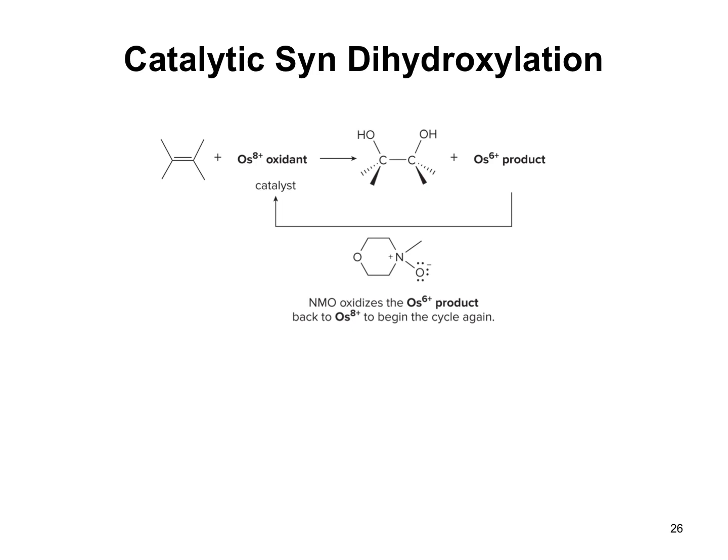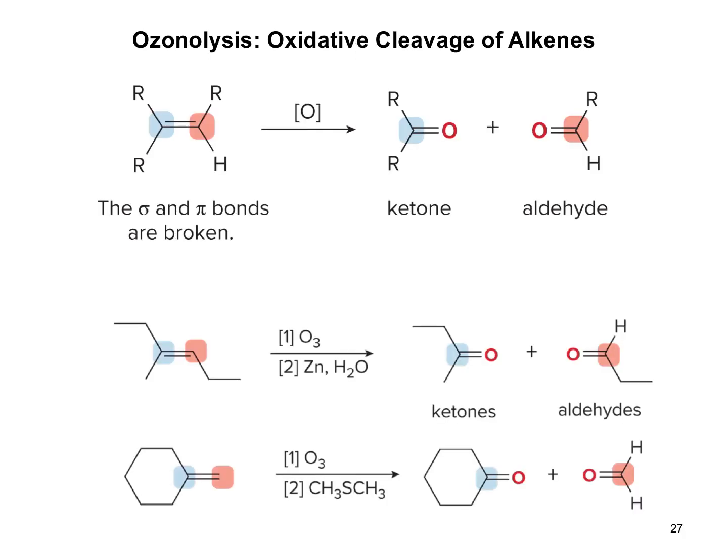So let's look then at our next oxidation, which is ozonolysis. When we look at ozonolysis, this is an oxidative cleavage of an alkene, and it breaks both the sigma and the pi bonds of the double bond, and it forms two carbonyl compounds like this. So basically, when you do this, watch where these are highlighted.